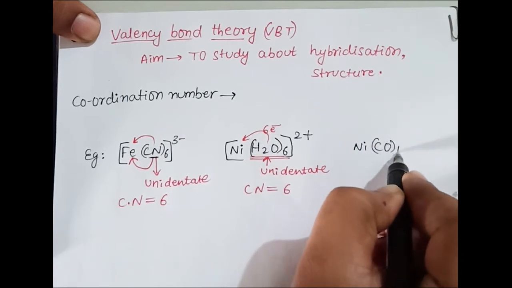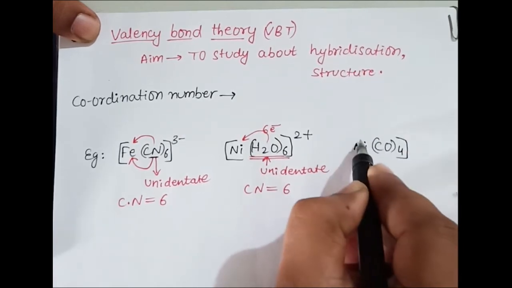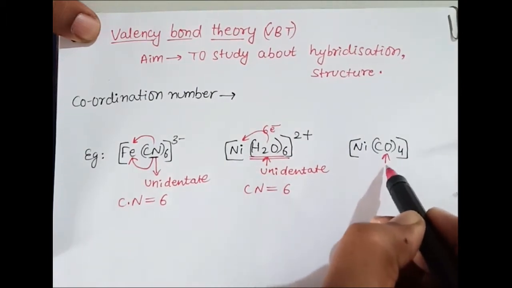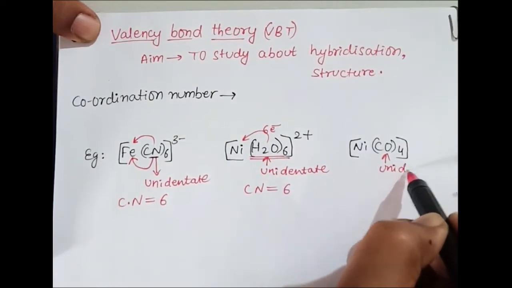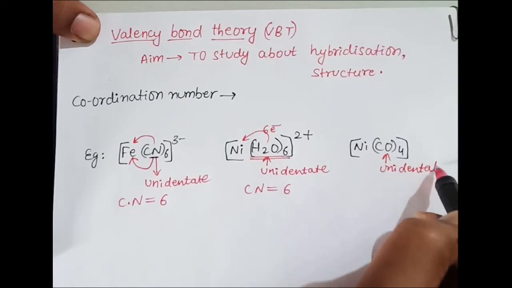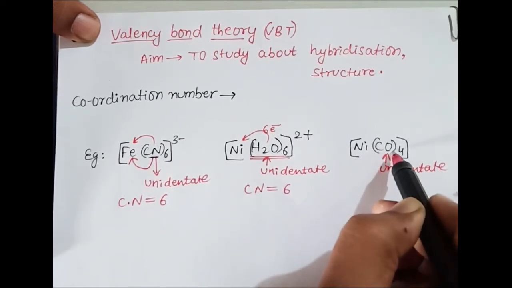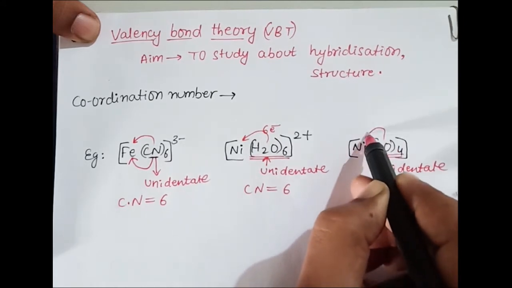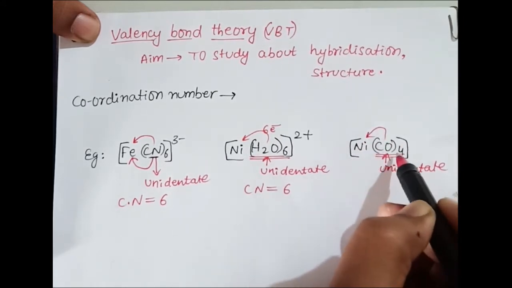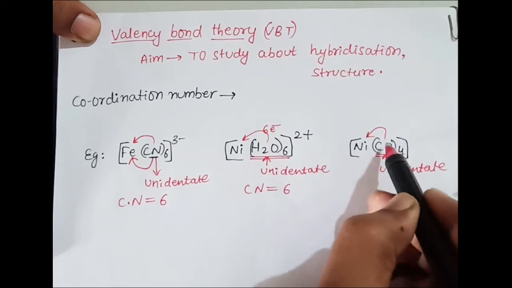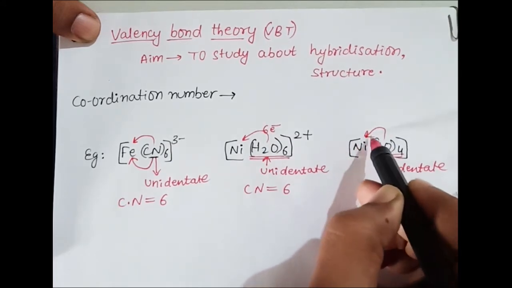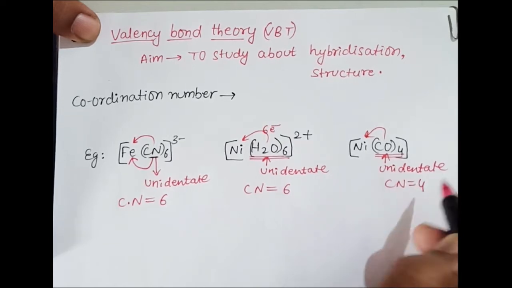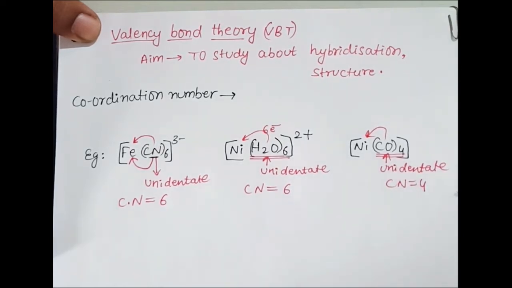Another example, Ni(CO)4. Here CO is which type of ligand? Again unidentate ligand, which means it will donate 1 electron pair. Each CO will donate 1 electron pair. Totally we have 4 carbon monoxide, so 4 carbon monoxide will donate 4 electron pairs to the nickel, which means the coordination number here is 4. So what can you write as the definition?